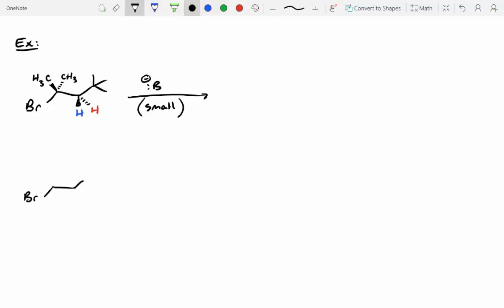And since there's two reactions, I'm just going to redraw it down below so we can compare the two pathways. And that might also be a little bit of a hint for you guys.